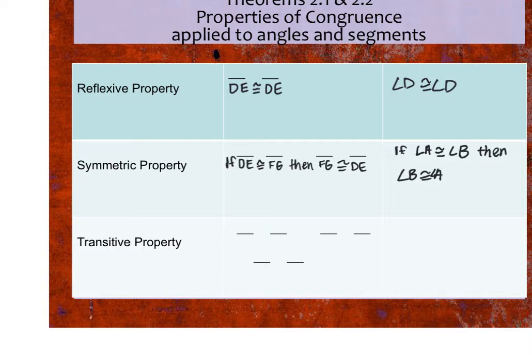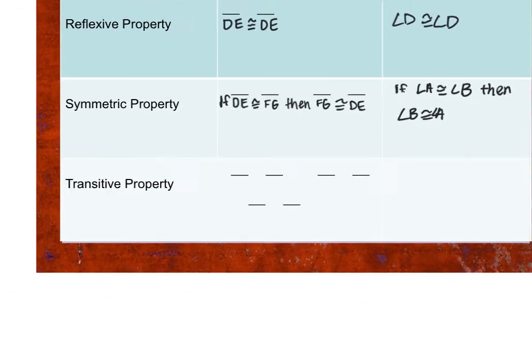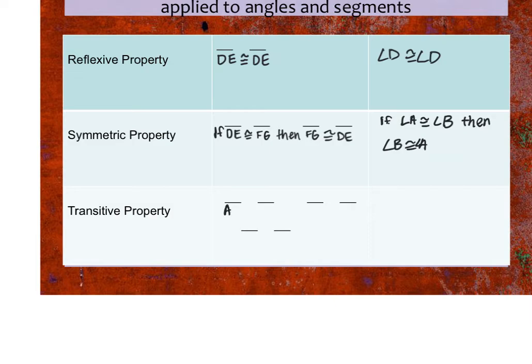Pretty self-explanatory. The transitive property also gets applied to line segments and angles. So let's talk about that one. For the transitive property, let's take AB.